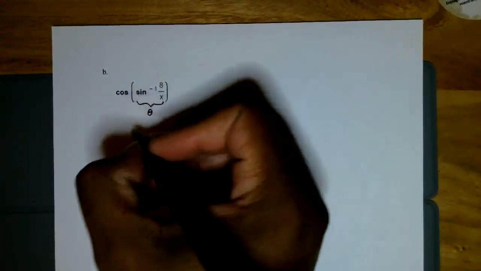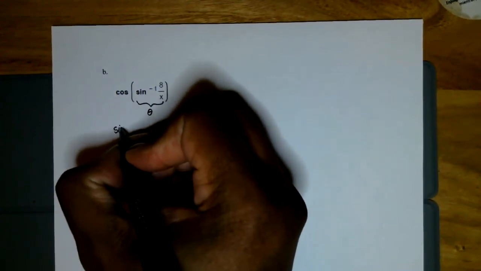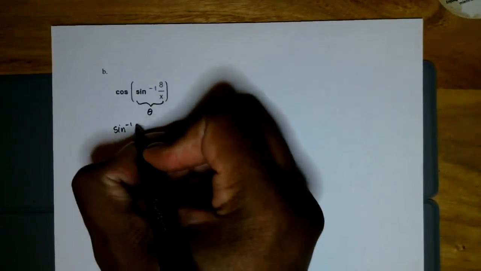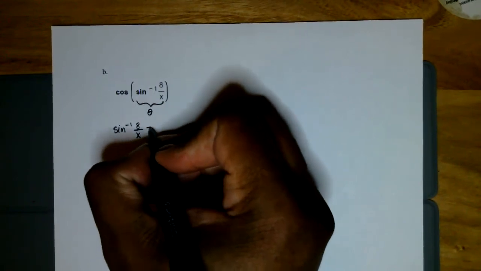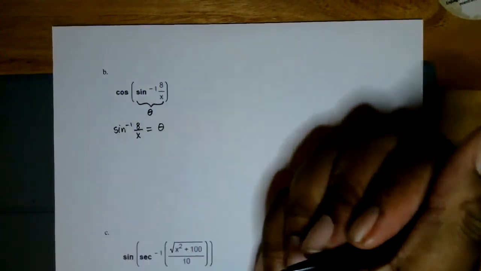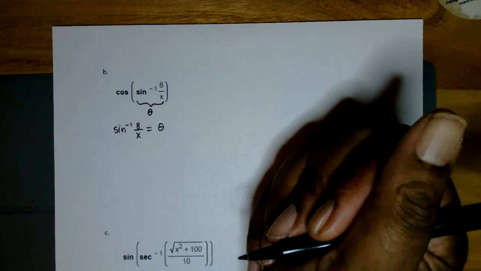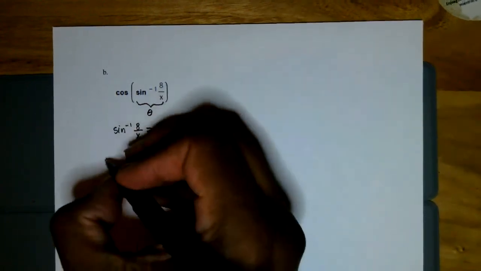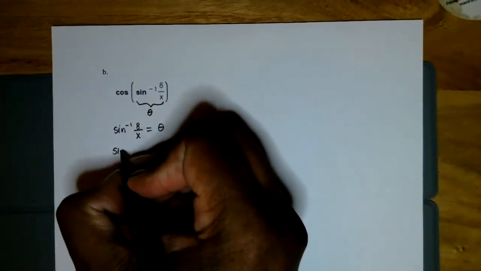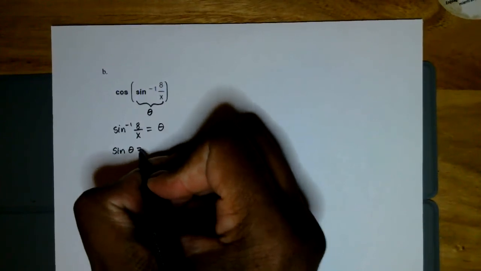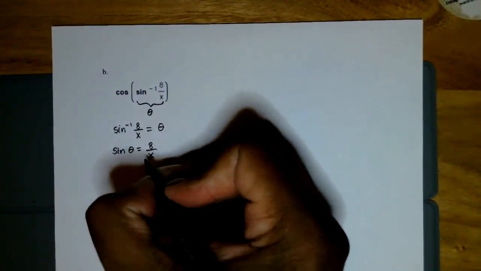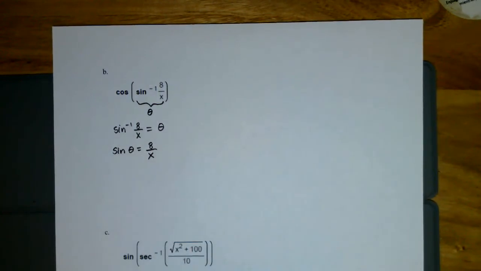Set that to be equal to theta. So here, inverse sine of 8 divided by x is equal to theta. So now we're going to have to find out what that angle theta is, so that sine of theta is equal to 8 over x.